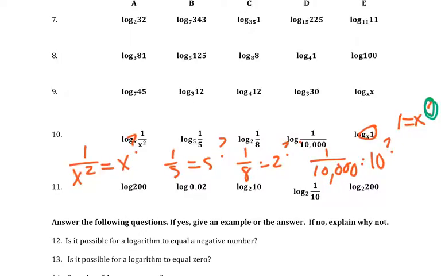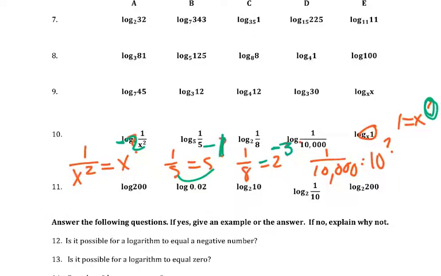Okay, now these ones, how could 1 over x squared be x to a power? Well, it'd have to be a 2, right? To make it a fraction, it would be negative. So 1 over 5 would be 5 to the negative first. We make it negative because it's a fraction. 2 to get to 8 would be 2 cubed, but 1 over 8 would be 2 to the negative 3.